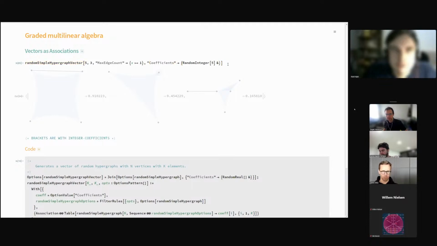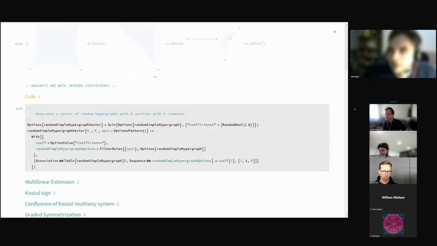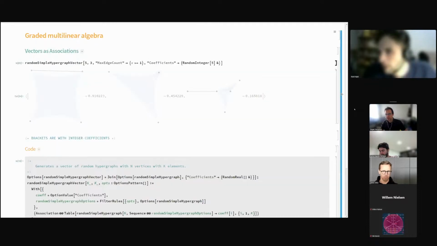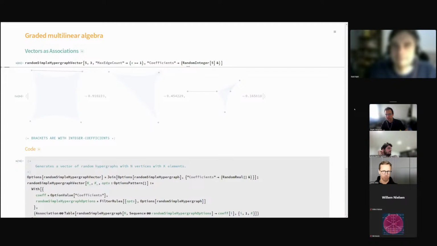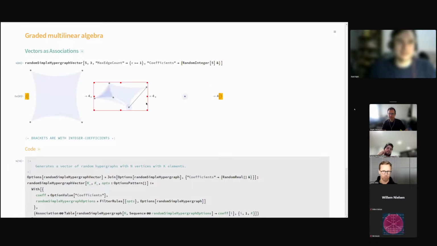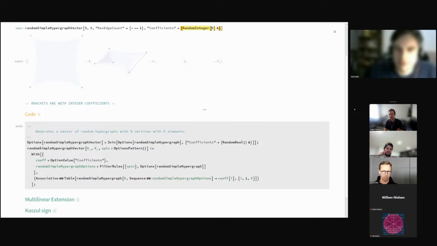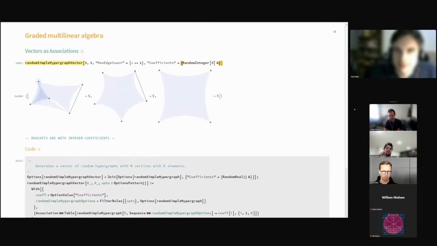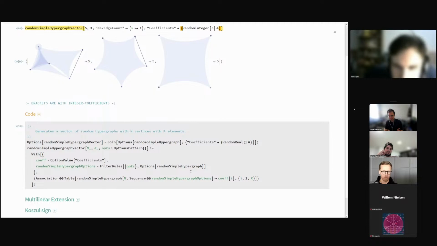Did I do anything wrong? Give me a sec. It's computing. See, now it is there. Now it has random integer. Interestingly, the random integer is the same for each. So maybe the coefficient function.